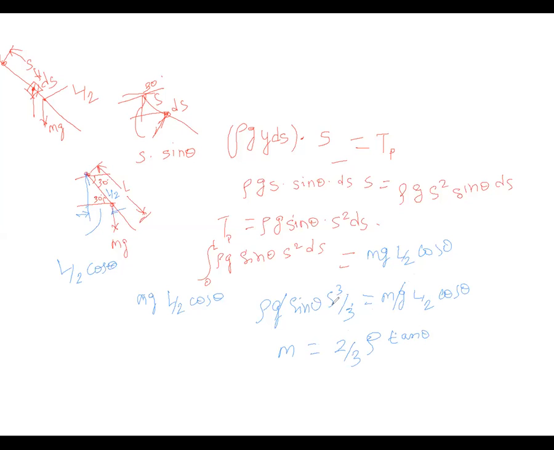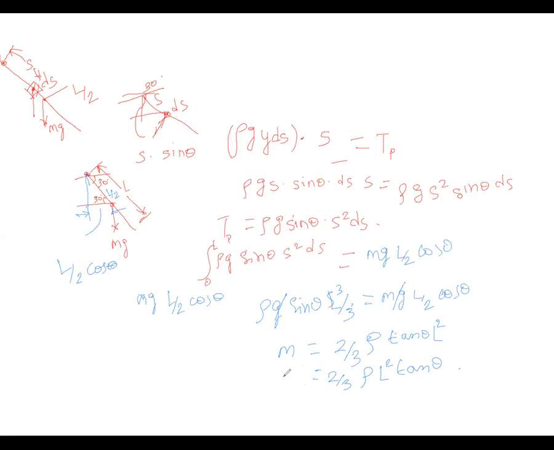Since we are integrating over the length, S becomes L. One L cancels, leaving L square. So 2 by 3 rho L square tan theta is the mass required to keep the plate closed.